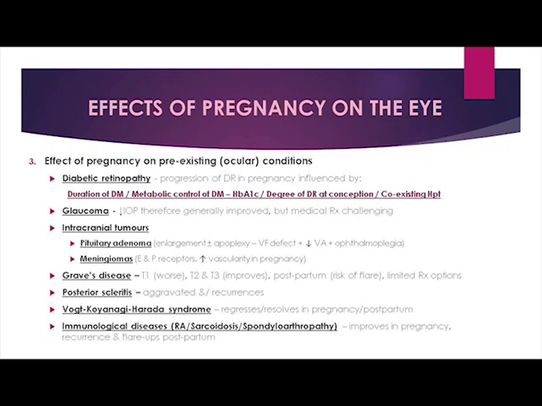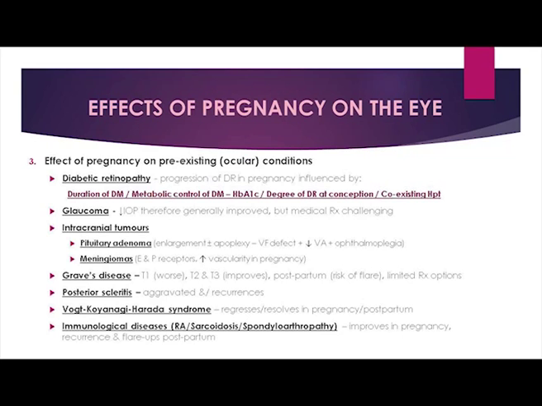Okay, so then effects of pregnancy on the eye. These are now the pre-existing conditions, ocular and non-ocular. Diabetic retinopathy is obviously the one that we're probably most aware of and the one that we're all sensitized to. And pregnancy is an independent risk factor for progression of your diabetes. There's no doubt about that.